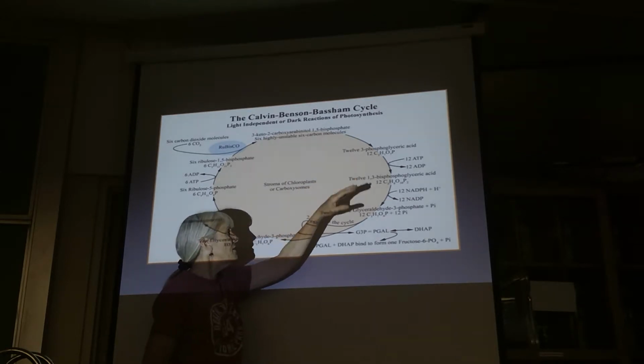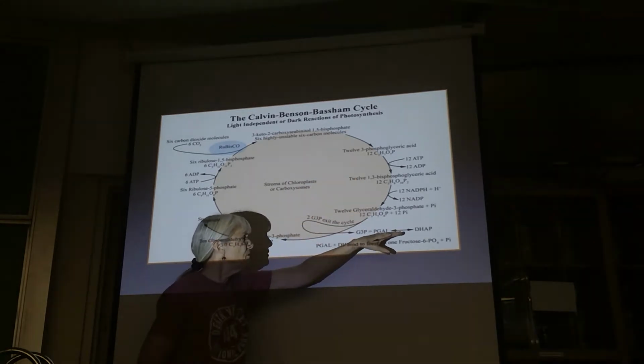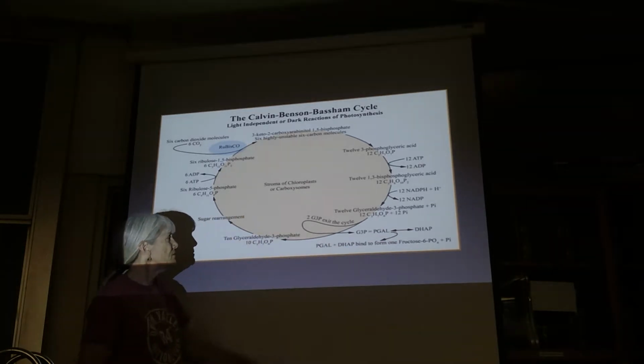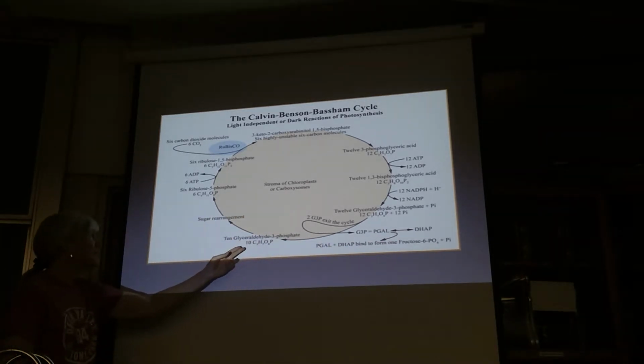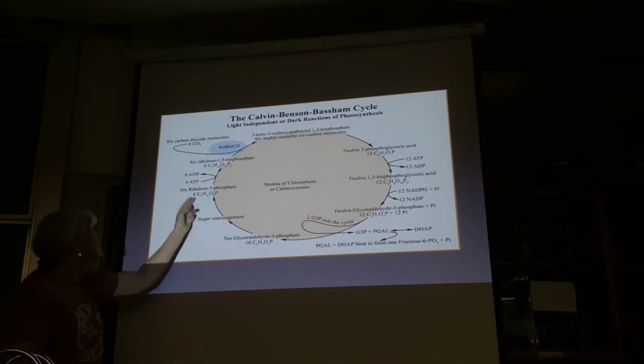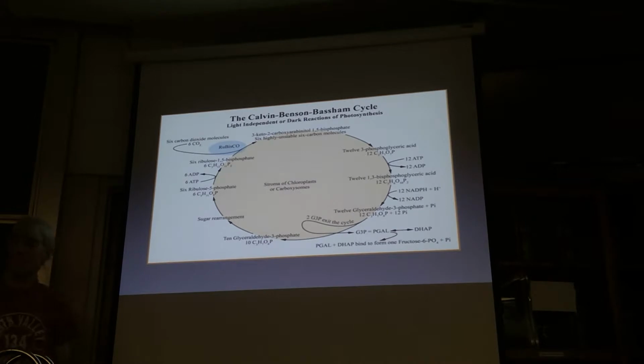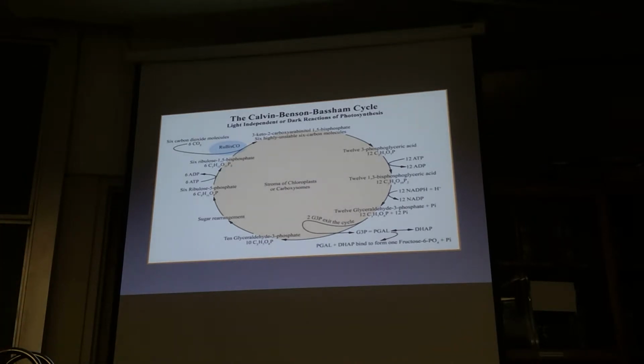They get phosphorylated, they get reduced, they get pulled out down here. So we're going to pull out 2 3-carbon compounds, and then we go back around with 10 of these and phosphorylate those again, and then we get to find another carbon, and this just keeps going. So it's anabolic, it's driven by ATP and NADPH plus H+.